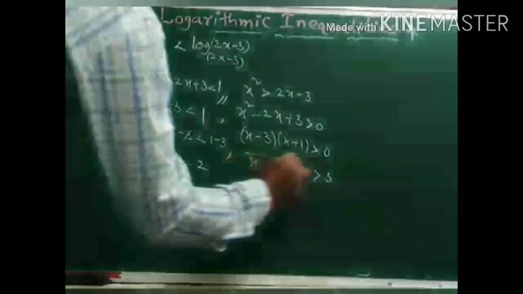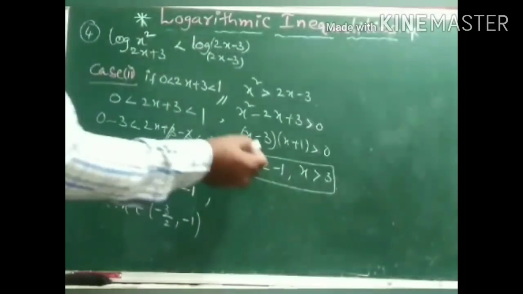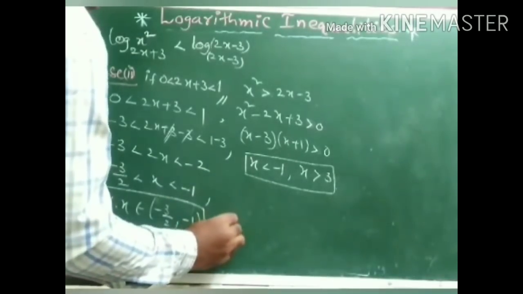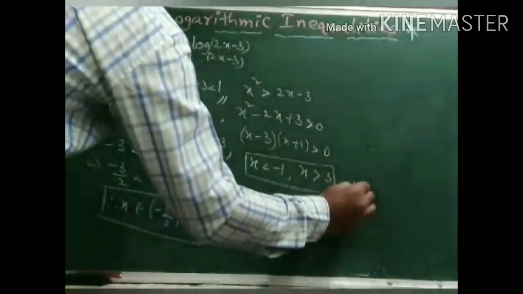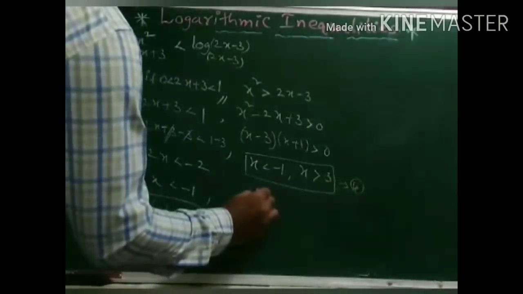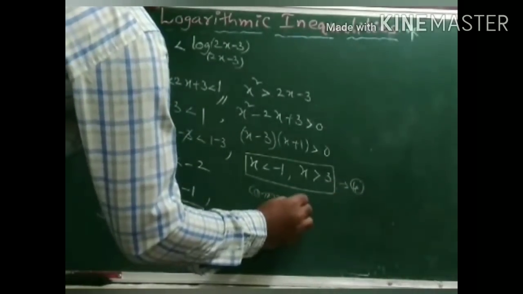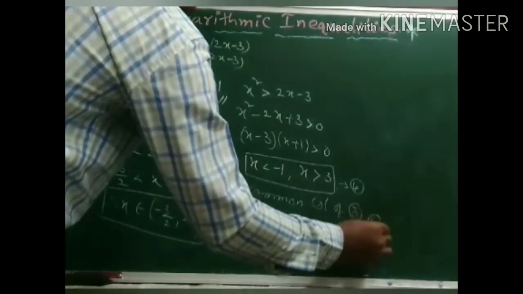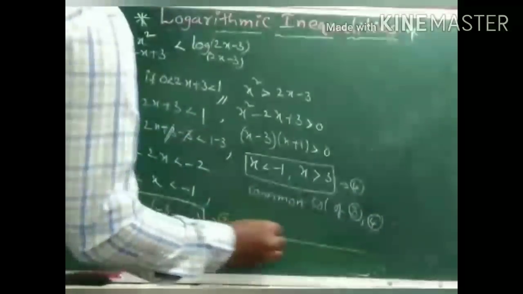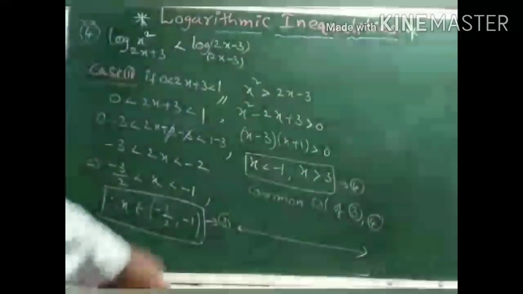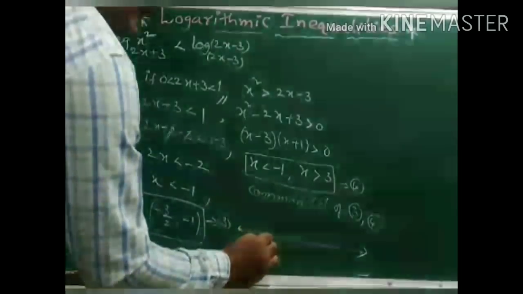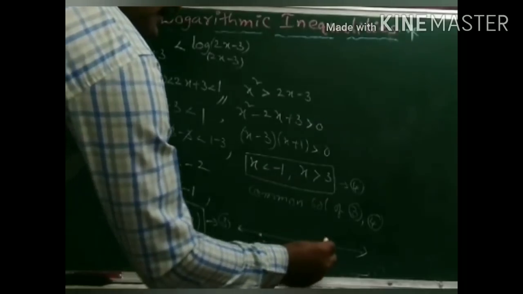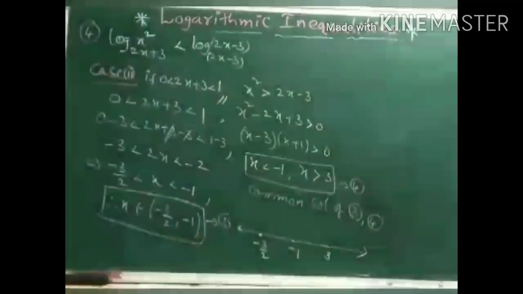And here we got that x is less than minus 1, x is greater than 3. So the common solution of these two is required. Once again, locate them on the number line. Here the numbers are minus 3 by 2, minus 1, and 3.